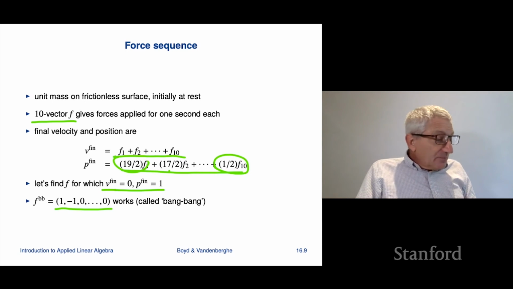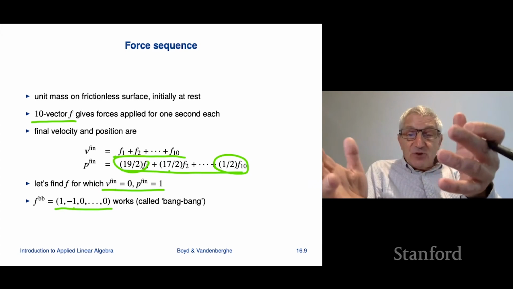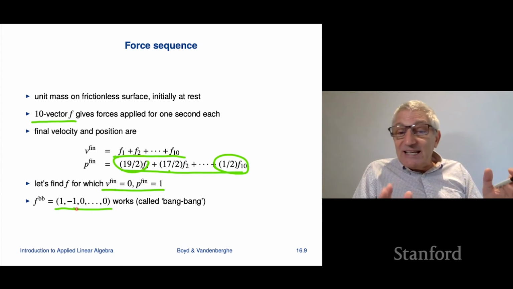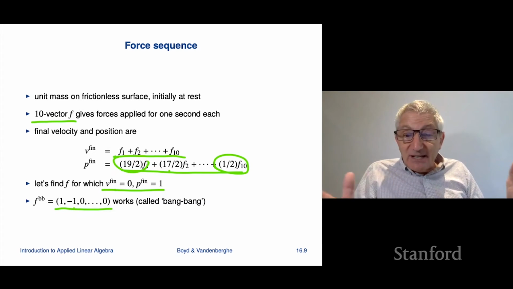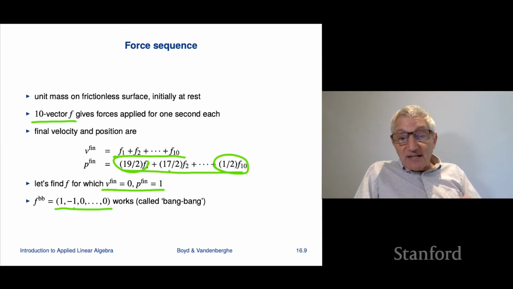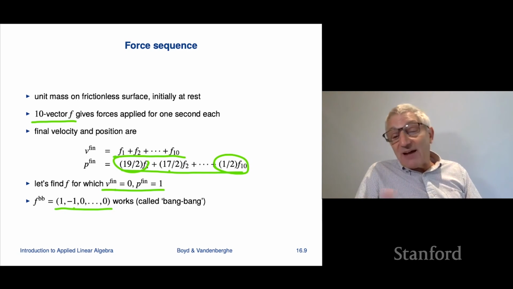Then I instantly switch the force from full pushing to full pulling. Now I pull the mass for the next half second, and all I'm doing is bleeding off the velocity. And so what happens is, over the next half second, the velocity goes right down to zero. Right at the end of 2 seconds, the velocity is zero. And the position is 1 because I also move another half a meter. So I'm actually right where I want to be after 2 seconds.